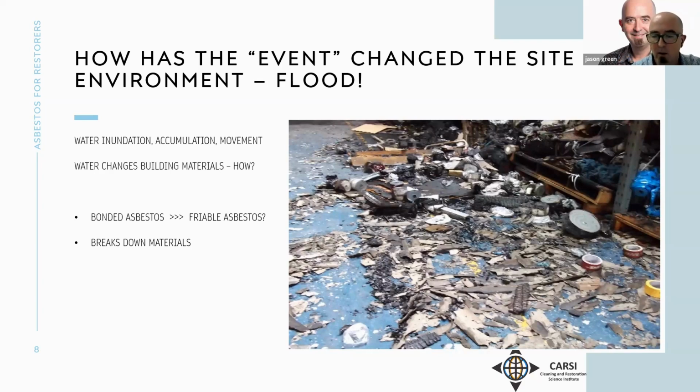What we find when asbestos-containing materials are heavily impacted by water is they can change form and be broken down, and if there were bonded materials there, they may become friable, or there may be friable materials there which are distributed and strewn about the site. So we've got to be really careful and aware that these things can happen.